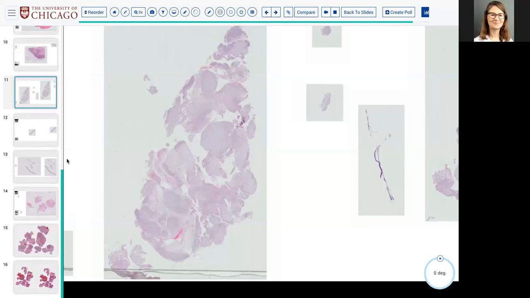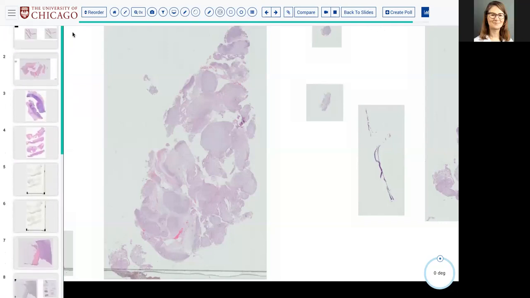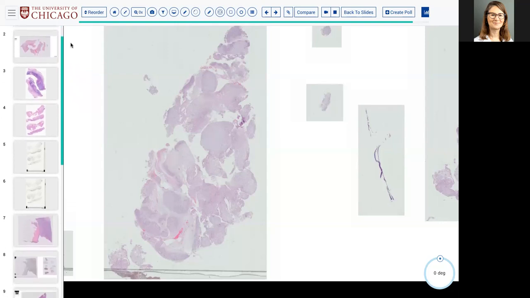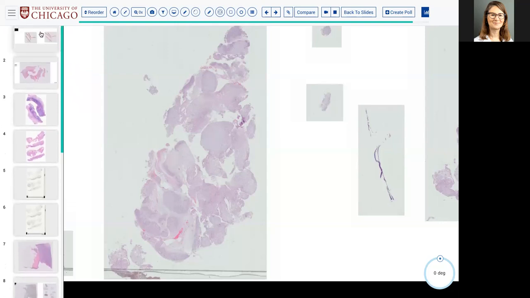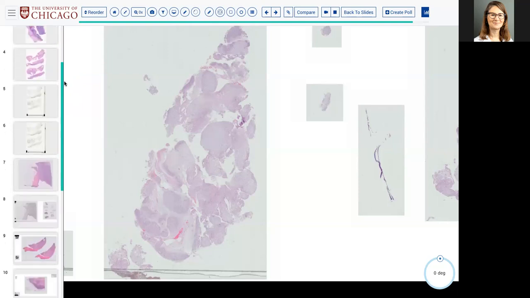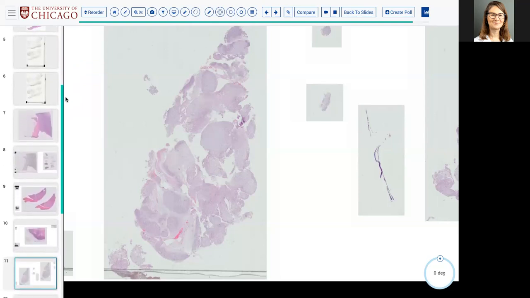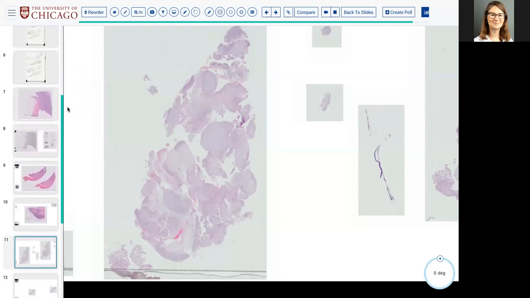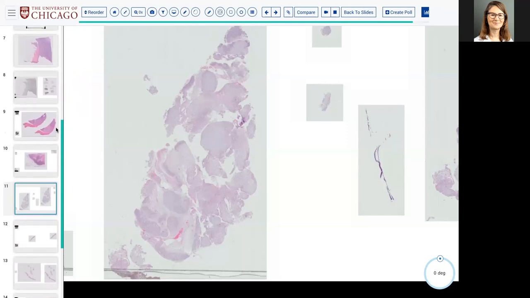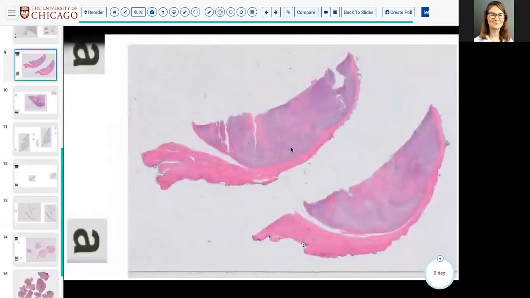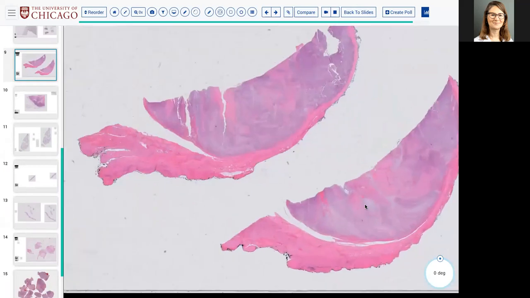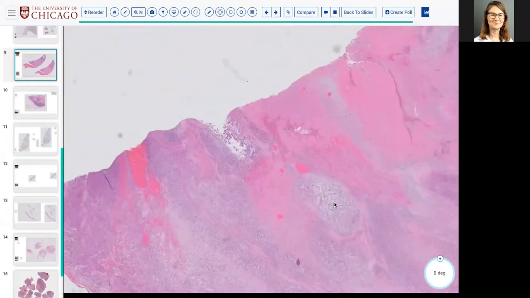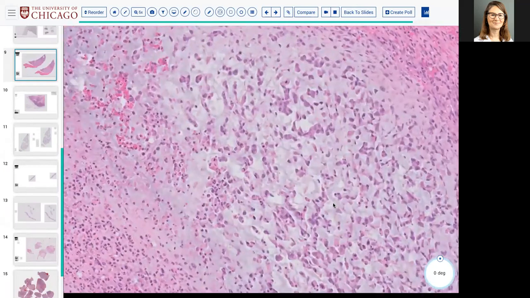All right, so last time we did a number of epithelioid lesions, ranging from some vascular lesions to some fibroblastic, myofibroblastic, myoepithelial. One of the ones we ended on, if you remember, was this myoepithelial tumor of bone, malignant myoepithelioma.